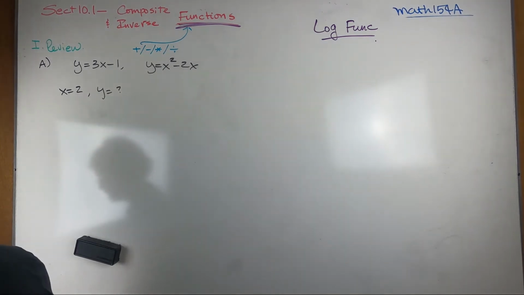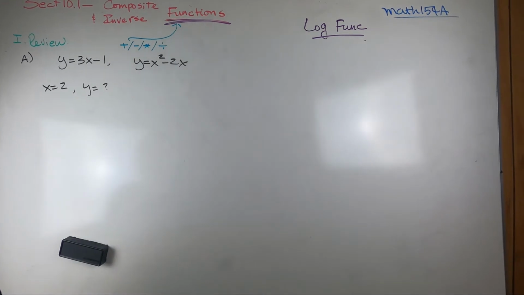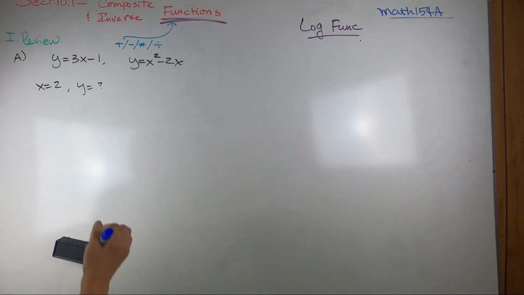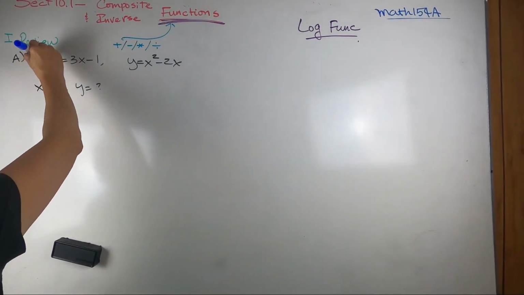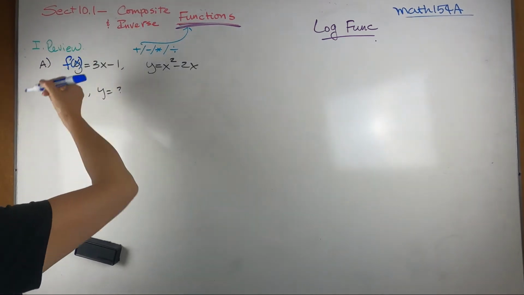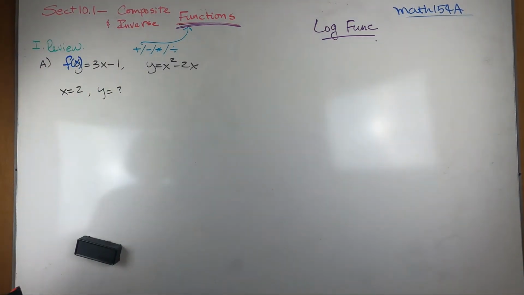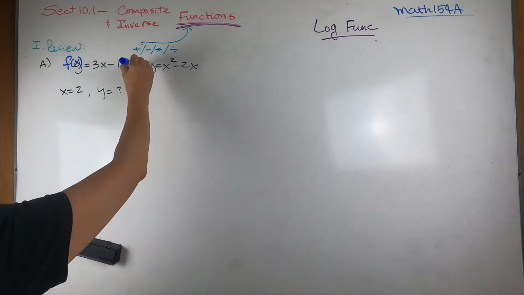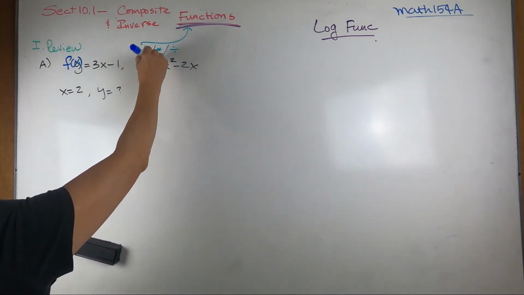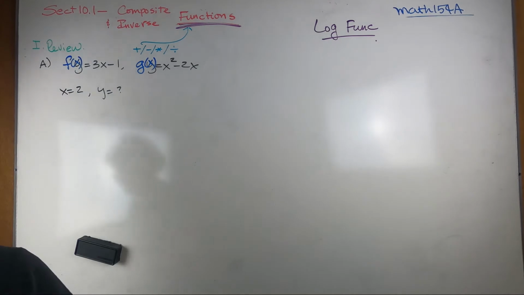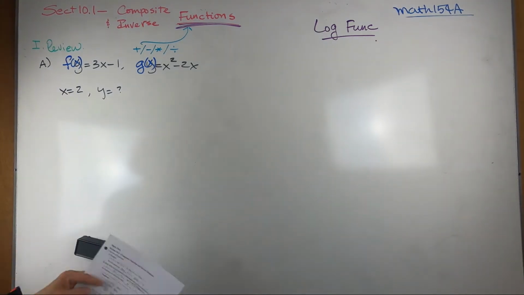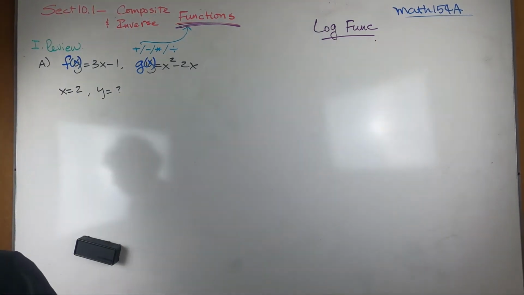Then for us, we need to differentiate them, right? Both are functions. So we say this is f, a function from x to y. Then we'll call this g of x. That's the notation we have been using, right?